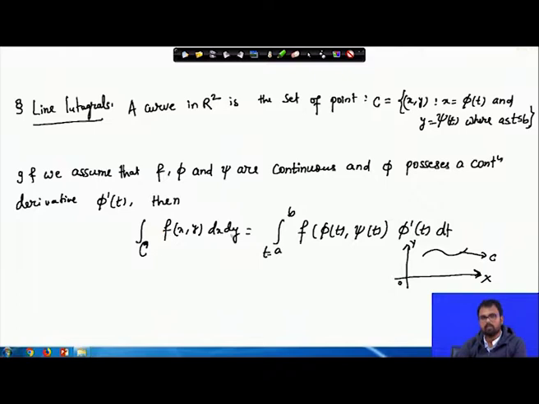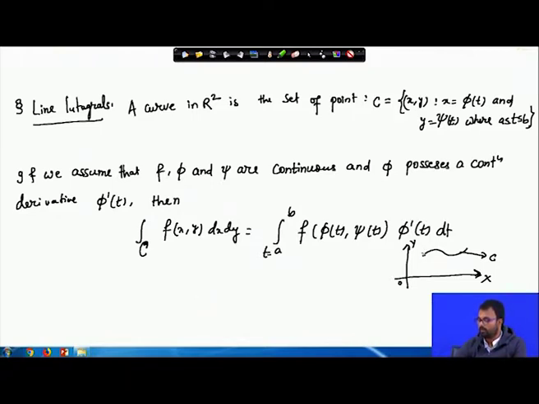Then this integral equals the integral of this function in terms of the parameter t, where t varies from a to b. That's what we mean by the calculation of the integral of a function f along this curve C.